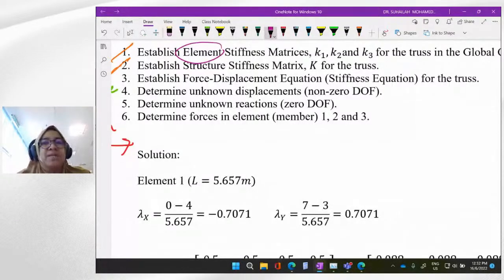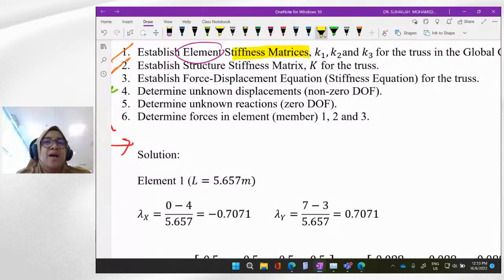All must be written in matrix form. So stiffness in matrix, we call it stiffness matrix. And element stiffness matrices refers to the stiffness matrix for each member.